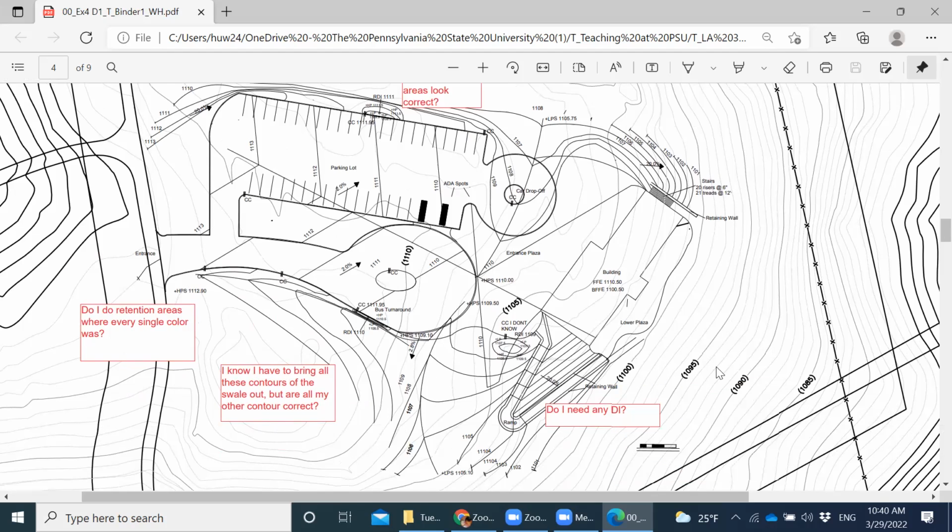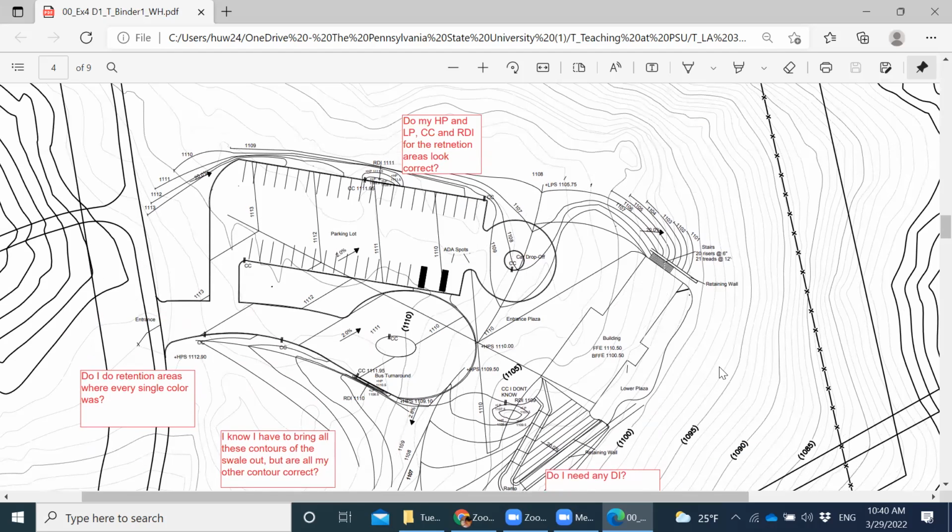So I would do a check first on all the parking lot contours to make sure all my spacing is correct, like these ones, right? That one, no, 1108 wouldn't be there because your spacing is off there. And then I would move out, using these connection points, to this area because the spacing remains problematic.